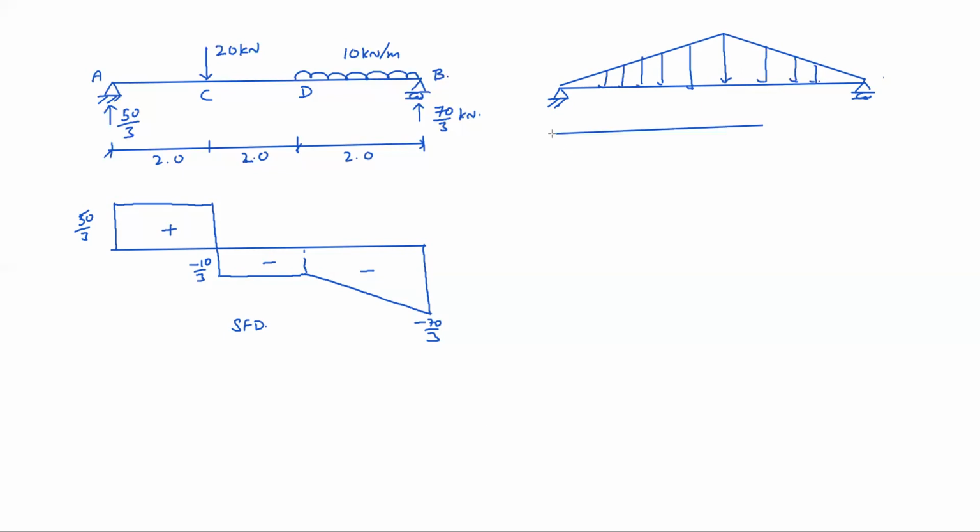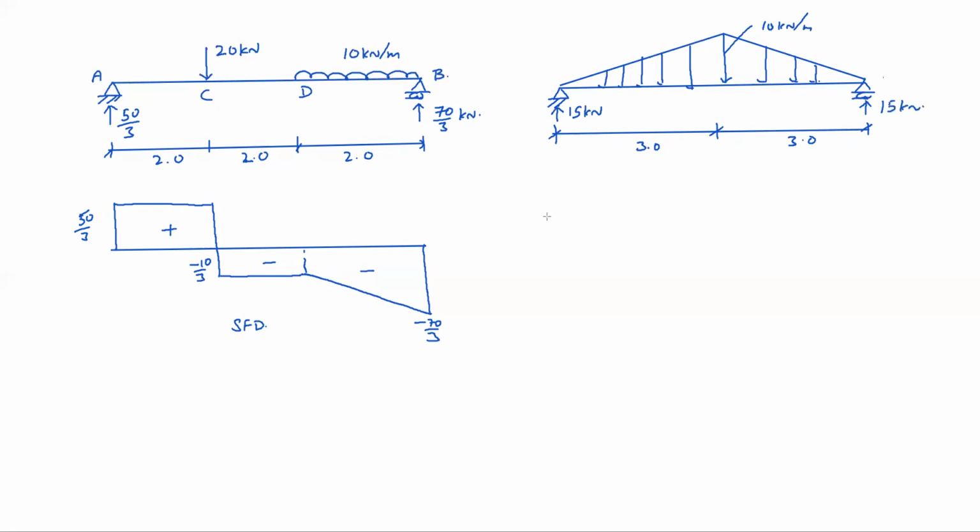Symmetric. 3 meters, 3 meters. Here the central intensity is 10 kilonewton per meter. Okay, total load is 30, right? Half into 6 into 10, 30. So 15, 15. 15 kilonewtons, 15 kilonewtons are the reactions. Okay.